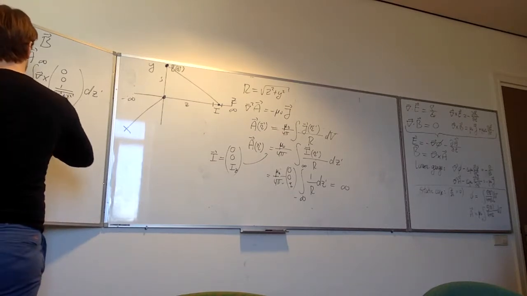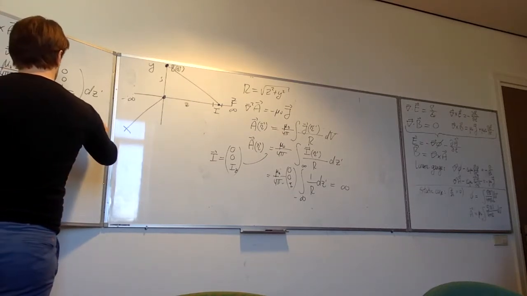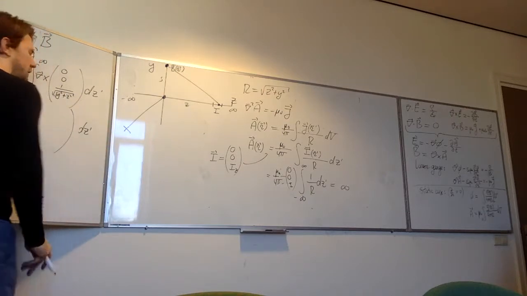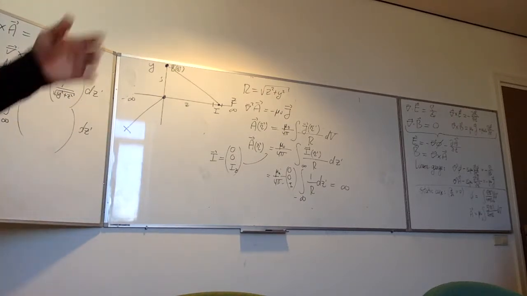Well, for one thing, you know it's going to be a vector that comes out, because curls give you back vectors. So we'll have 3 components.